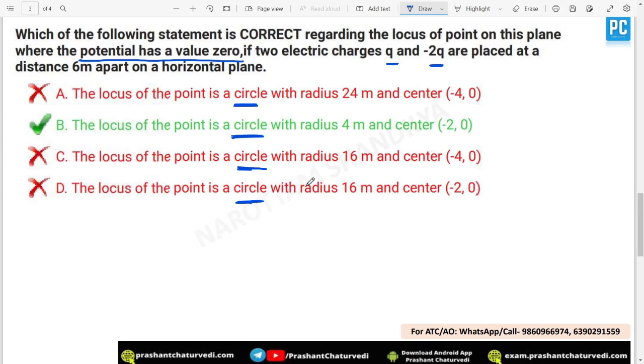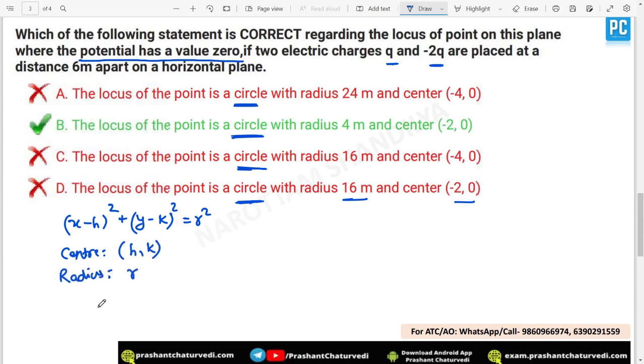For any circle, when you define its radius or center, it is in the format (x minus h) whole square plus (y minus k) whole square is equal to r square, where the center is defined by h comma k, and the radius is defined by r. This we had already studied. So we have to somehow approach this format from the given condition. Right? Now, how exactly will we approach this?